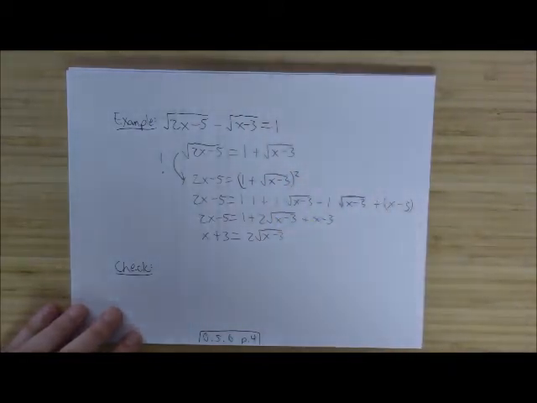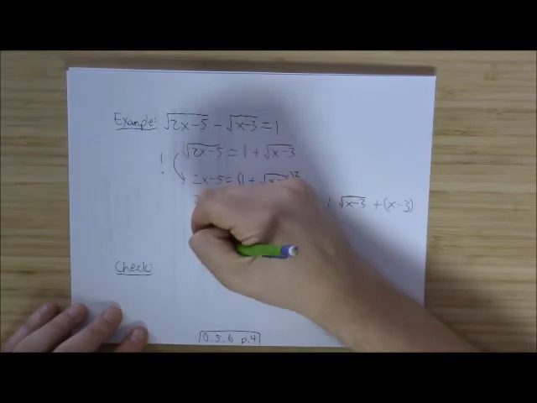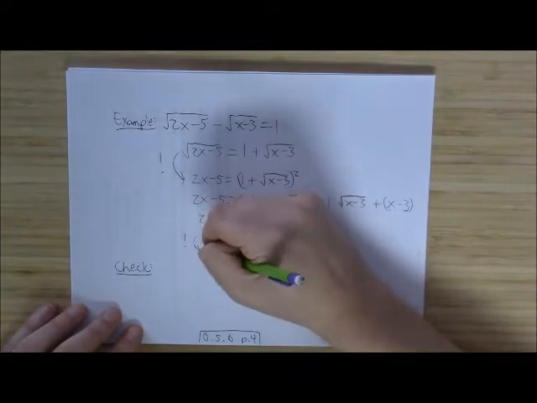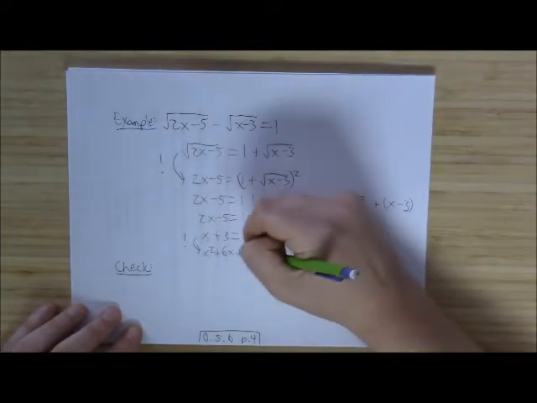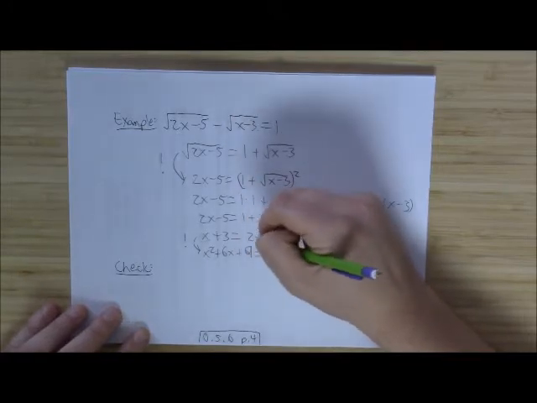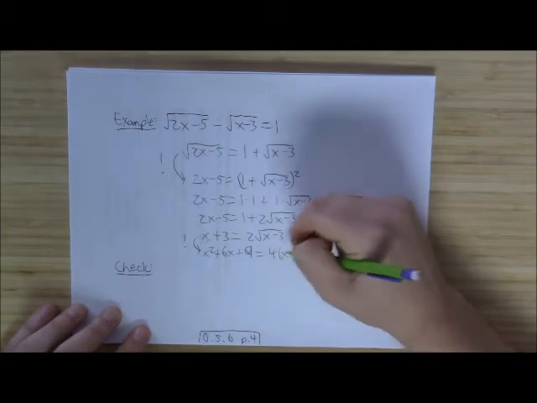If we square both sides of this now, we have to be a little bit wary. Foiling this out, we get x squared plus 6x plus 9, equals 4 times x minus 3.